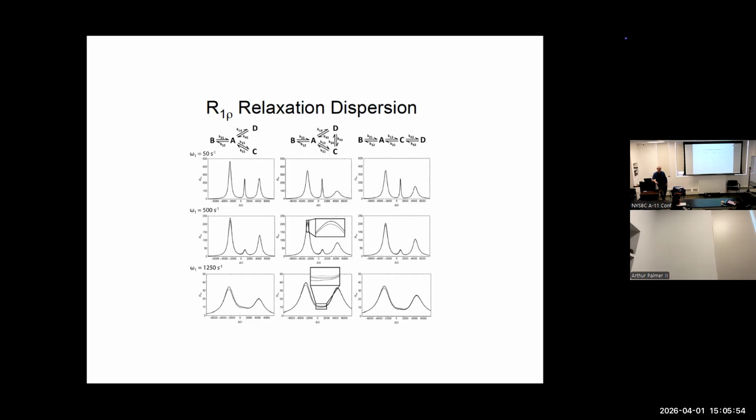For the CPMG experiment, do you also want the binary state combination? It doesn't matter there. For the R1 rho experiment, the experiment itself doesn't matter what the populations are. It's just that these approximations require, the approximations say that there's separation between the eigenvalues.